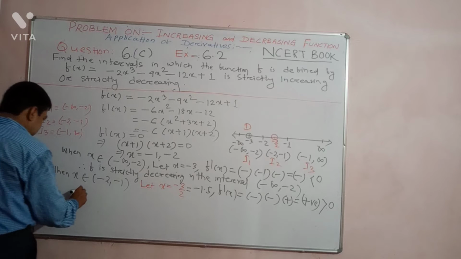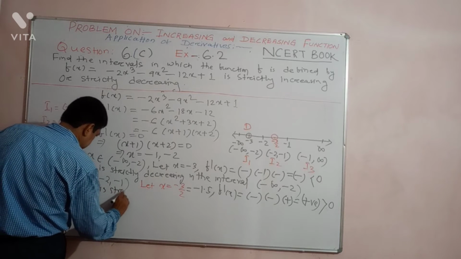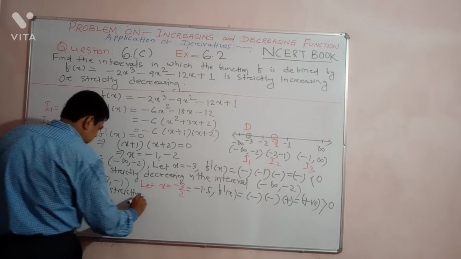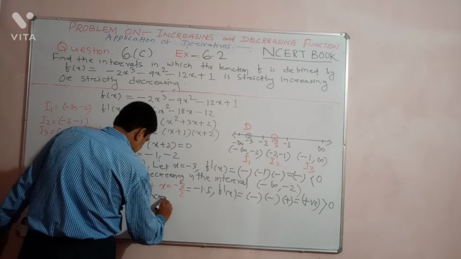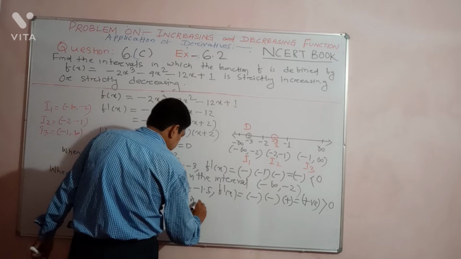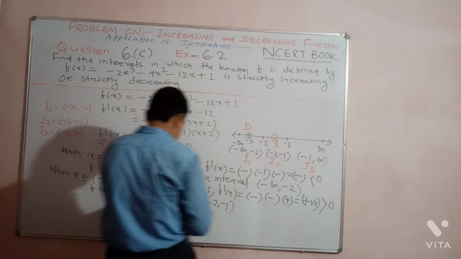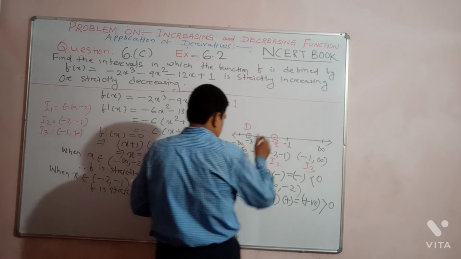Hence f is strictly increasing in the interval (-2, -1). Is it clear? So in the second interval I2, the function is strictly increasing.